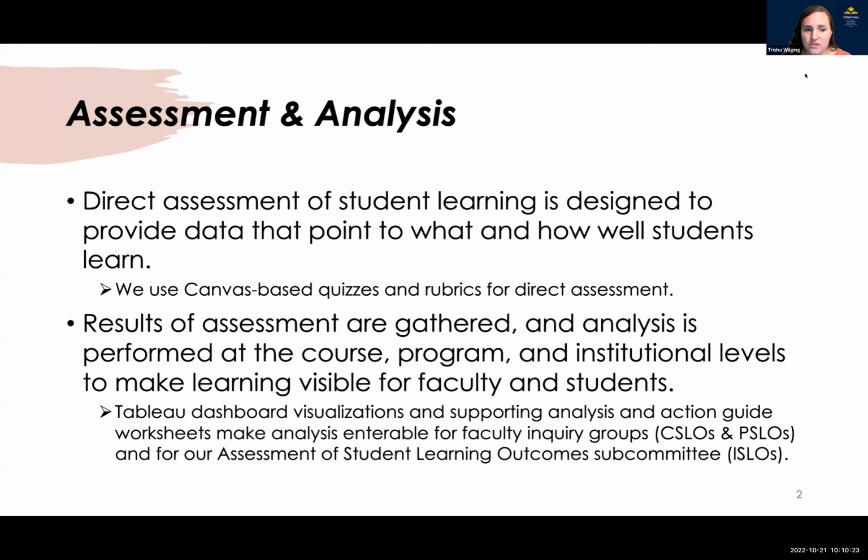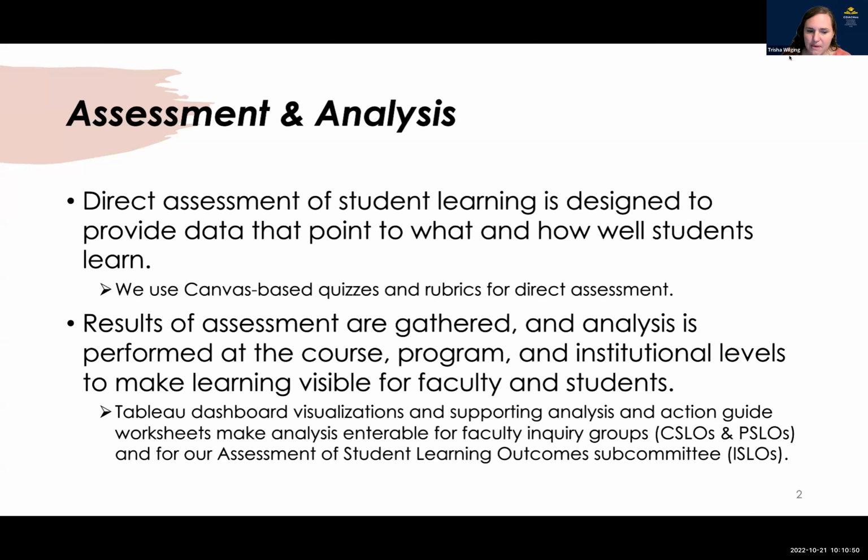At LBC, we use Canvas-based quizzes and Canvas-based rubrics for direct assessment. And then the results of assessment are gathered and an analysis is performed at the course, program, and institutional level to make learning visible for faculty and students. We use Tableau dashboard visualizations, and we support analysis and action by providing what we call our analysis and action guides.